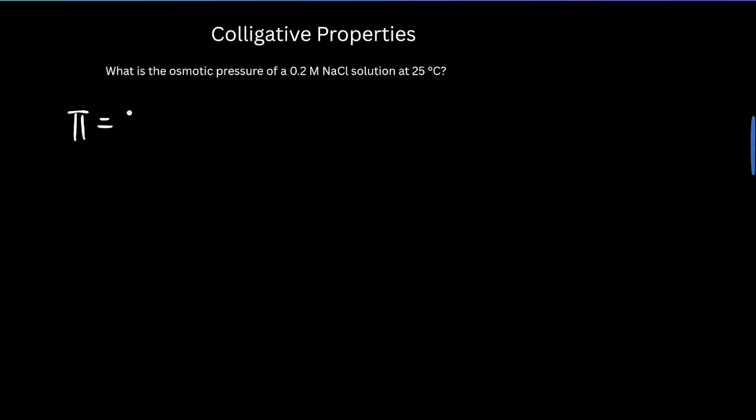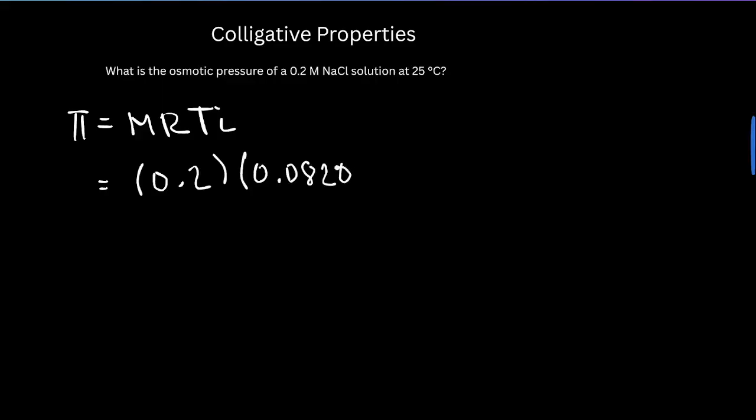Pi equals mRTi. We are given our molarity to be 0.2. We know our gas constant already to be 0.08206.